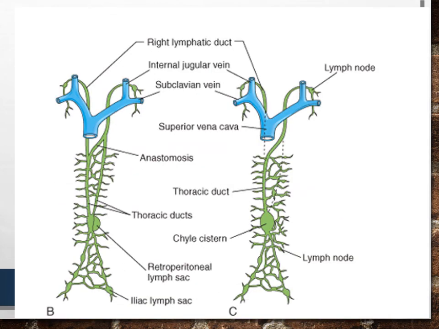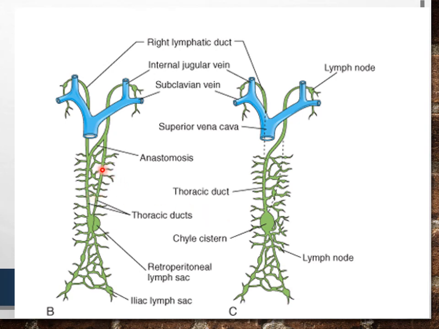Then from these lymph sacs the lymphatic channels are going to form. Initially there are the right and left lymphatic channels. These are actually the thoracic ducts, the right and left one. So what is going to happen?